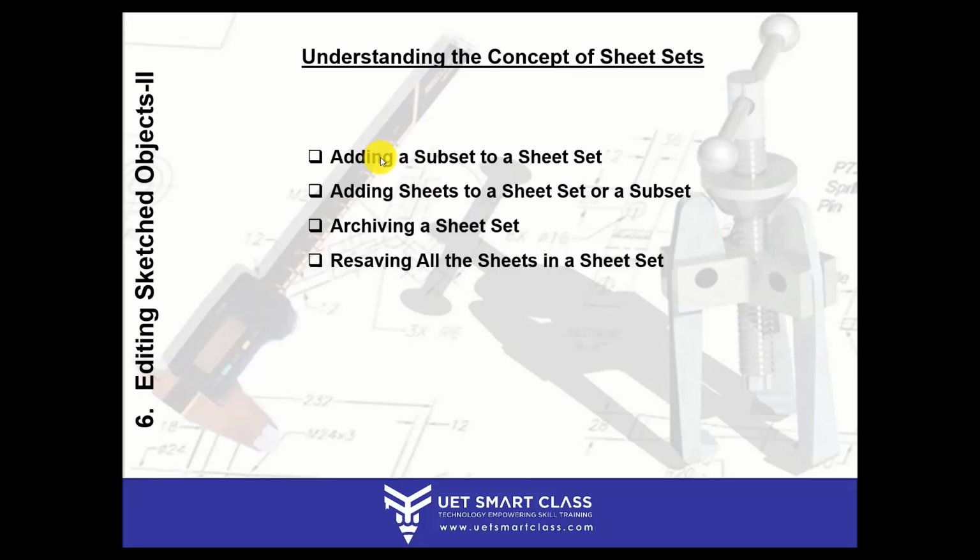So you have understood how to add a subset, and add a sheet, even to a sheet set or to a subset. You can add to both of them. Archive a sheet set, that is, create a folder or a zip folder, or resave all the sheets in a sheet set. You need not go to a particular sheet and save it. You can just go to the shortcut menu and resave all of them together.